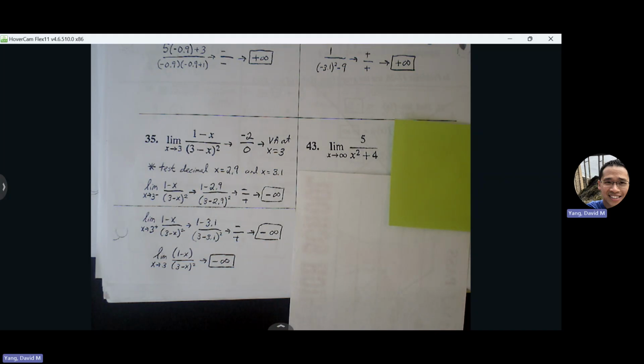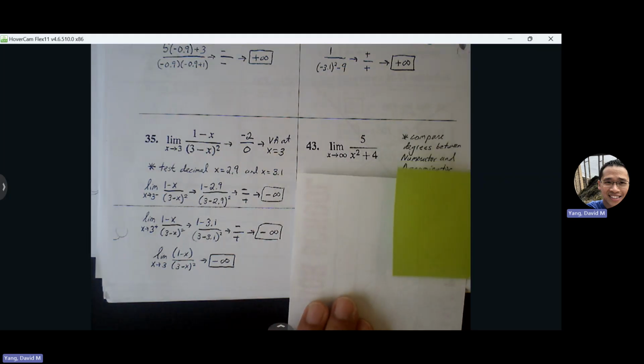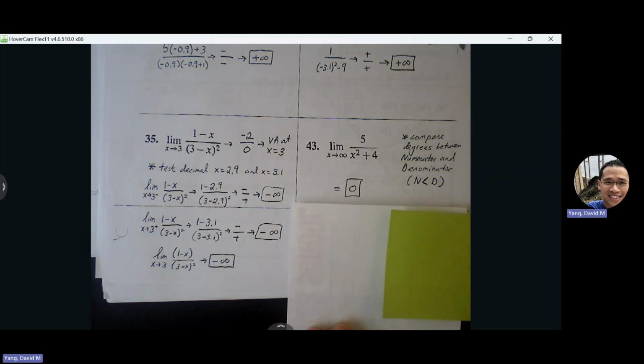We don't plug in 100, right? We're not ready for that. We compare degrees. The degree is higher in the denominator. What conclusion can we say about the limit here? Equals 0. Yeah, there is a horizontal asymptote. My denominator has a higher degree. This fraction is getting smaller and smaller and smaller. If you start plugging in 100, then you're making an assumption that the limit doesn't exist, but the limit does exist here.